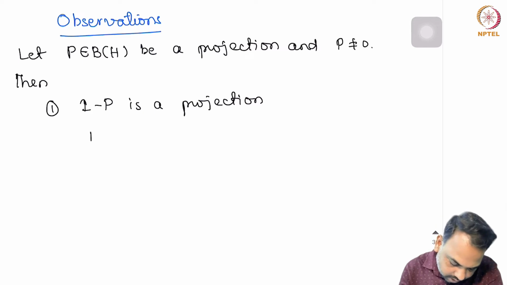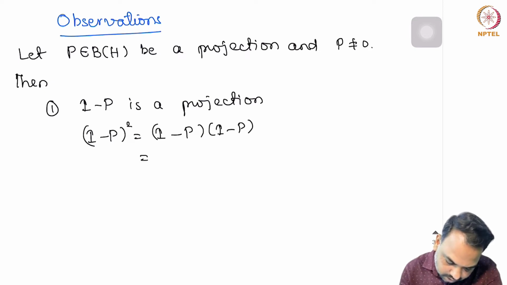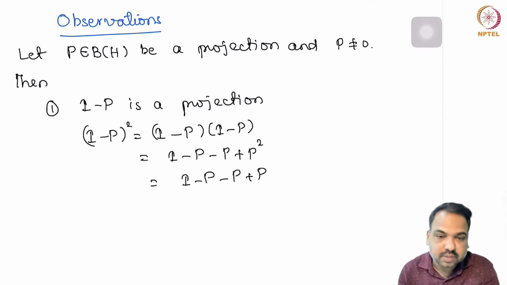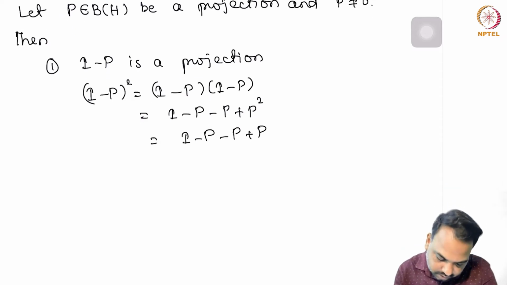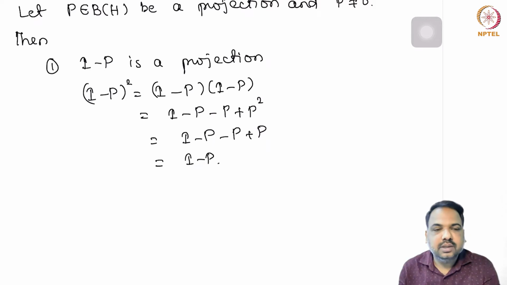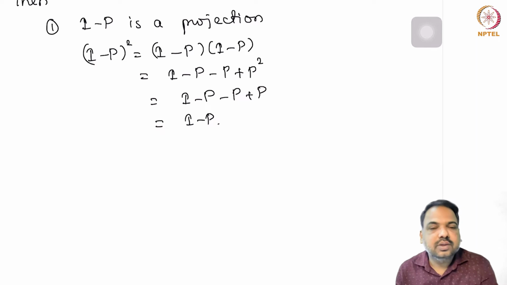To look at this, (I minus P) square is (I minus P) into (I minus P). This is I minus P plus P square, which is I minus P plus P, because P square equals P. So we can say that this is I minus P. If P is a projection, I minus P is also a projection. The other way is also true.